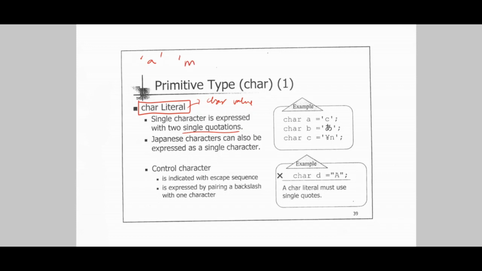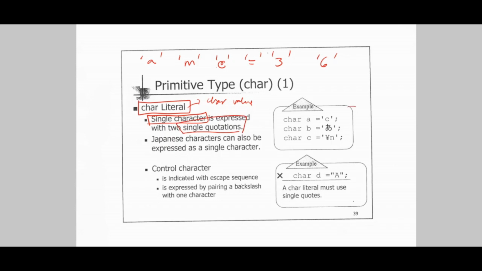This is also a character literal, or this one, or this one, or this, or this one. So all of these are called character literals or character values. And as you can see, they are just a single character or single symbol enclosed in single quotes.